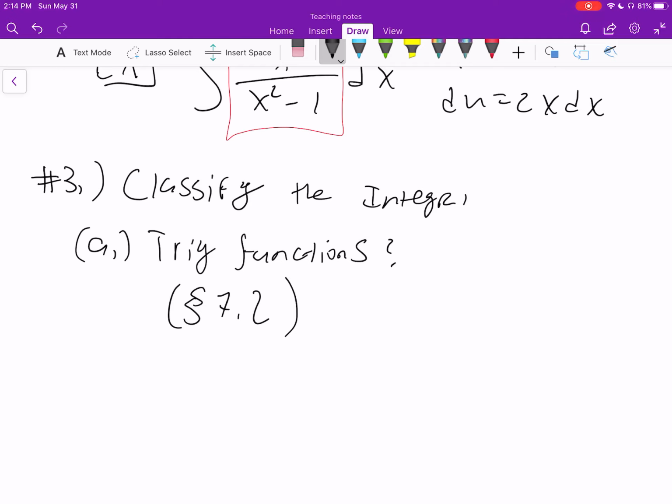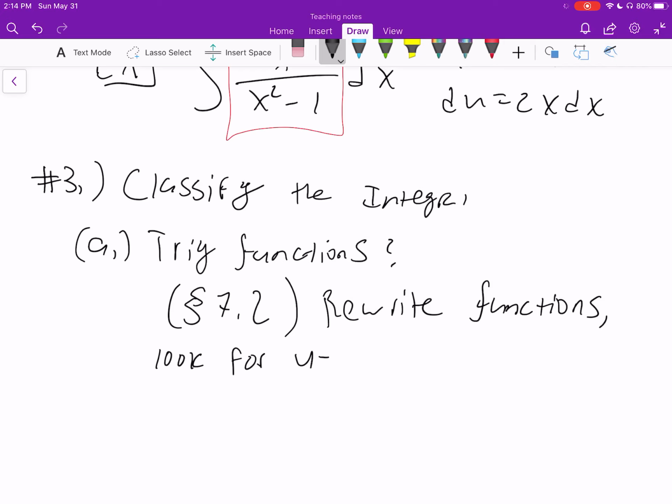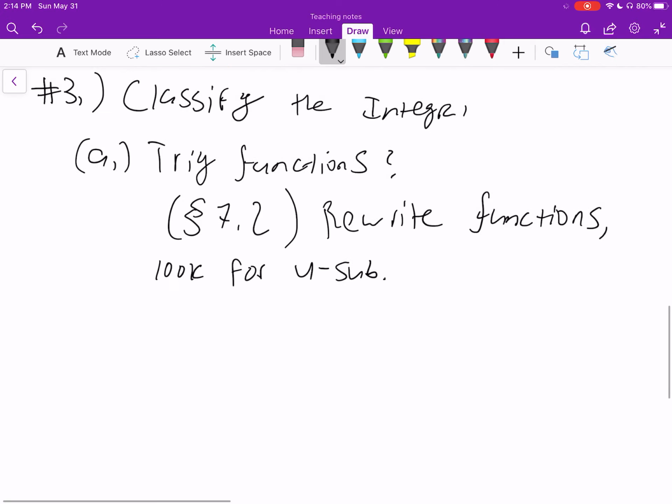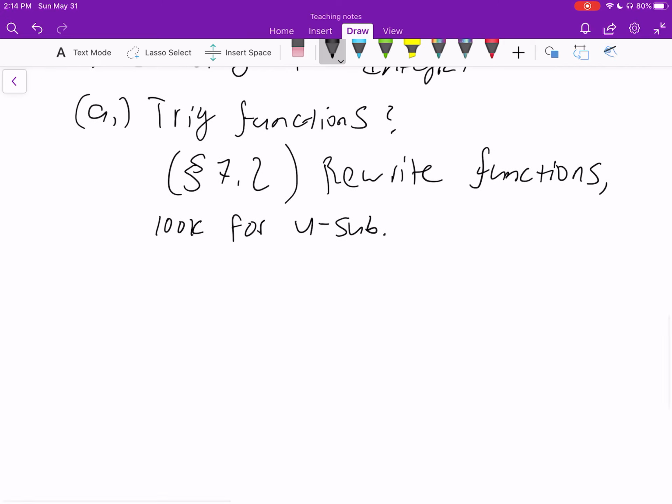Really, all that comes down to is rewriting your functions there and looking for a u substitution. So rewrite functions. Look for u substitution. So that was just things of those forms, trig functions.